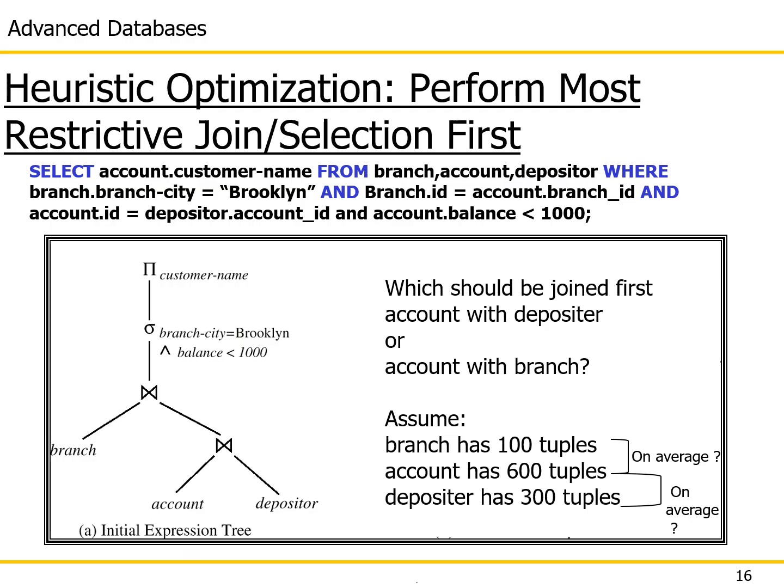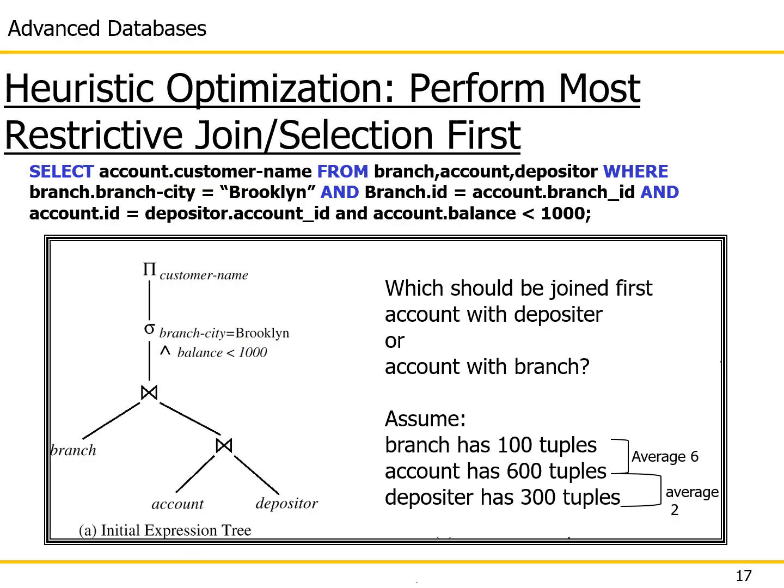And if I say that I have 600 accounts and 300 deposits, then on average 1 out of every 2 account holders made a deposit. Then I can start to rationalize about which join will propagate upward a smaller number of rows. Now obviously there is an issue here. I'm assuming something that might not be true, but let's just wait on that till the slide after next.